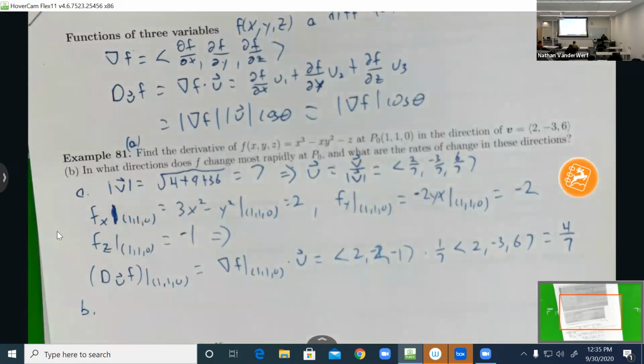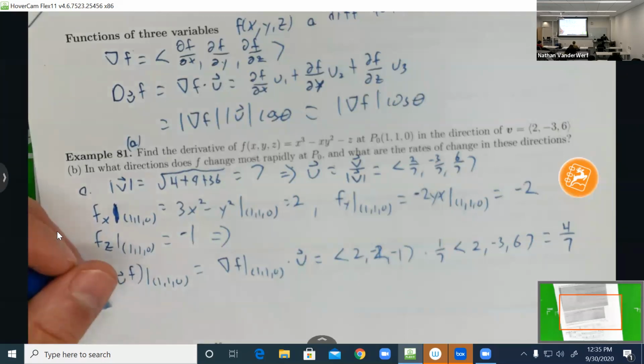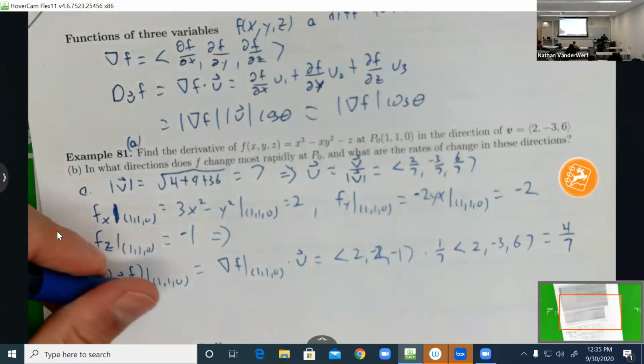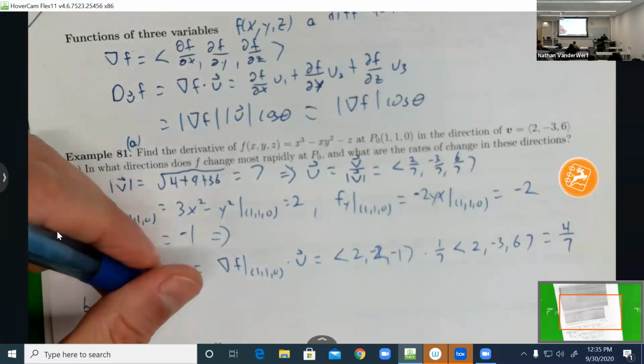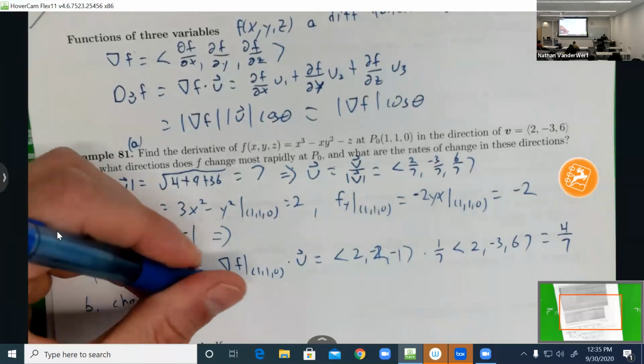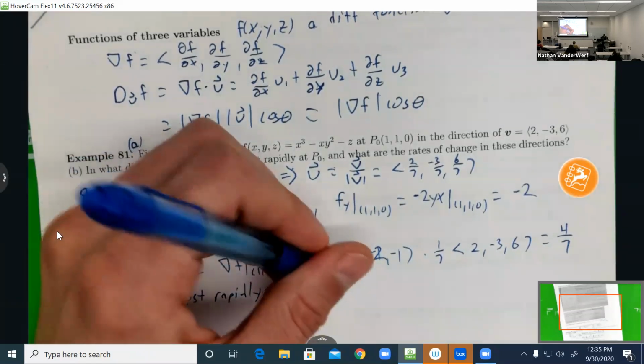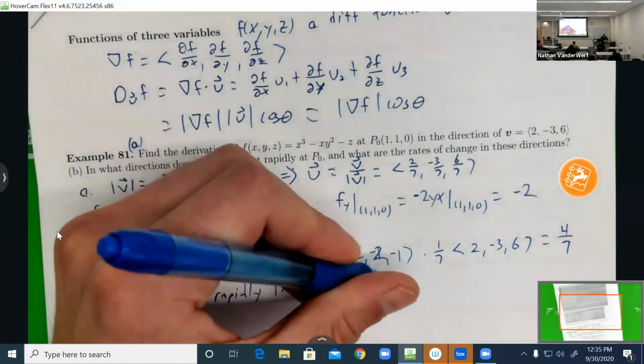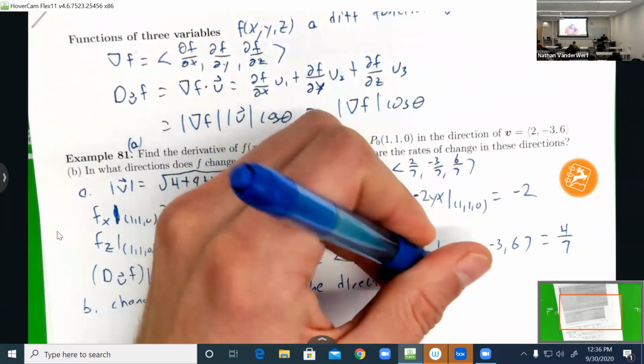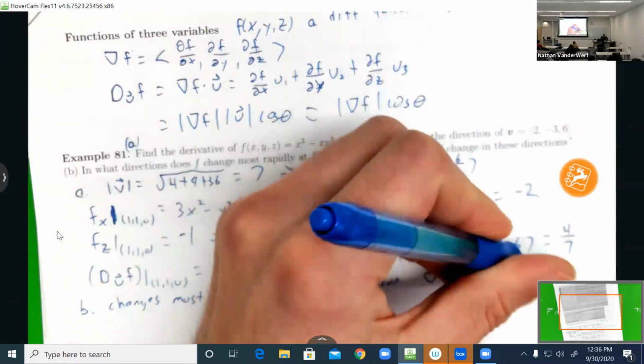All right, B. So in what directions does f change most rapidly? So we can just answer this from that previous remark that we made. It changes most rapidly in the directions of ∇f or minus ∇f.